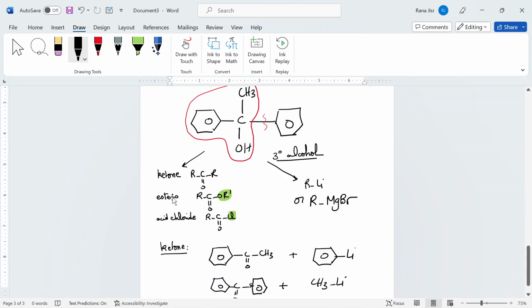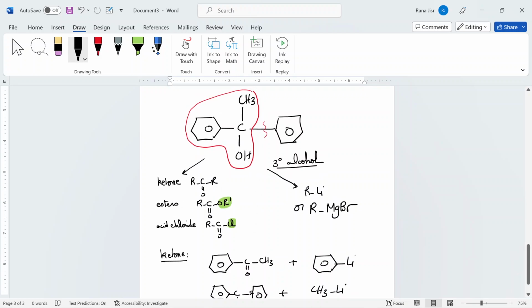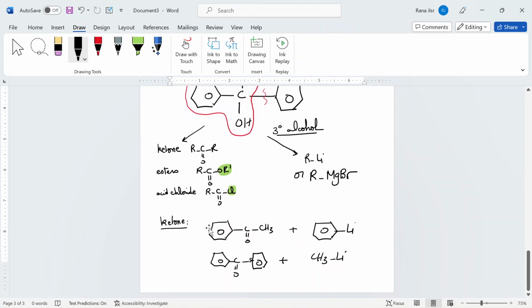Now, as for the esters in there, for the esters and the acid chlorides, I have to be very specific here because the R's that are added from the ester and the acid chloride, they have to be the same. So this means that I have to choose both R's that are the same and make them the R of the ester or the R of the acid chloride. I don't have any other option in there.